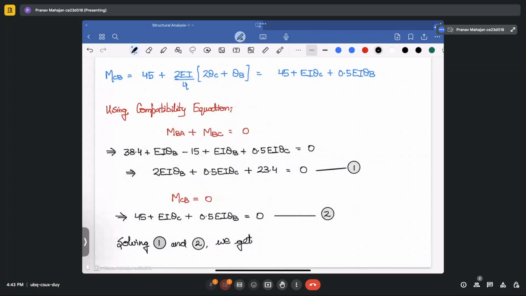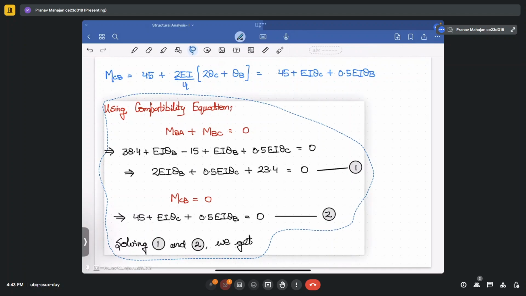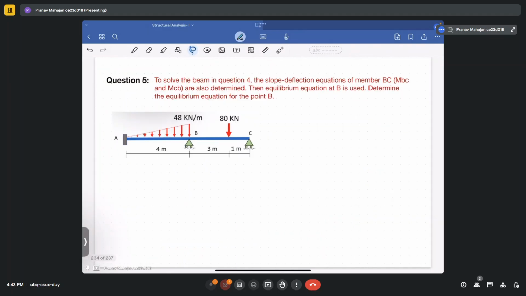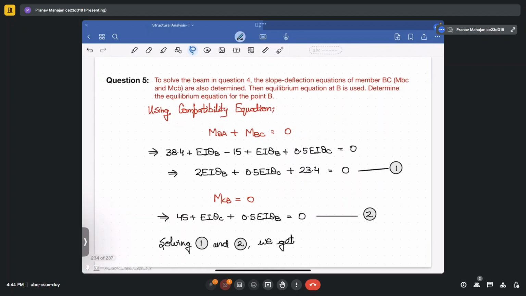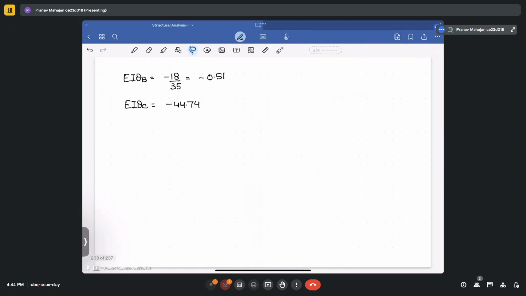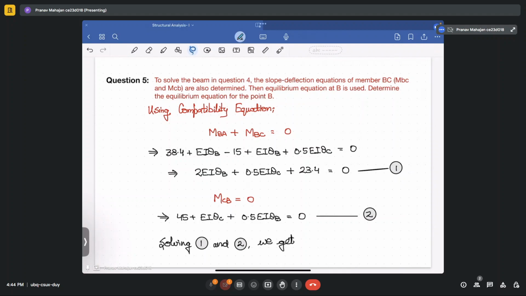I have tried to solve further also. Let me remove it from here. I think we will use this in the next question, so I will cut it from here and paste it there. Right.